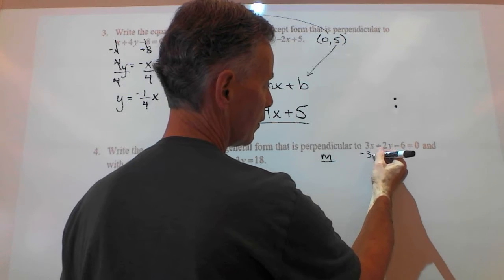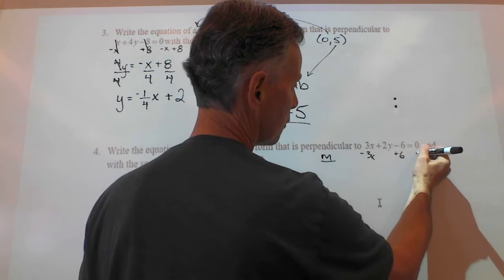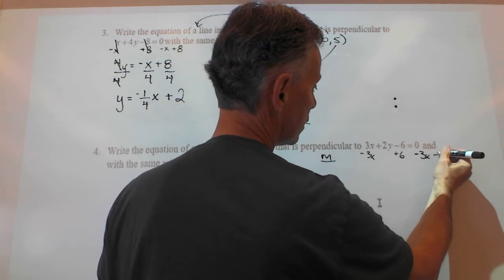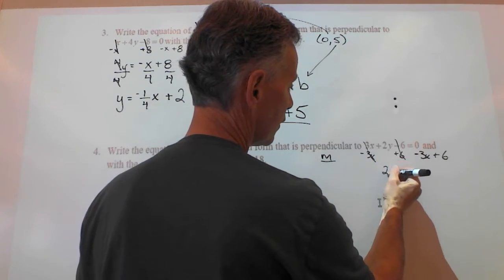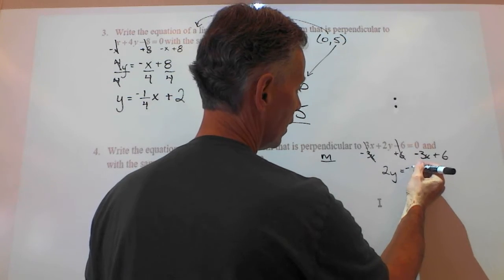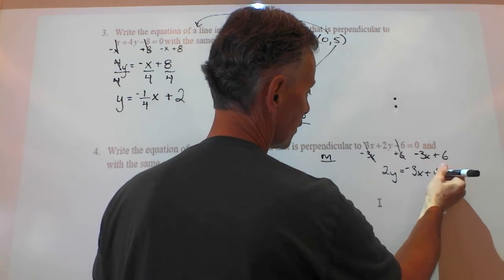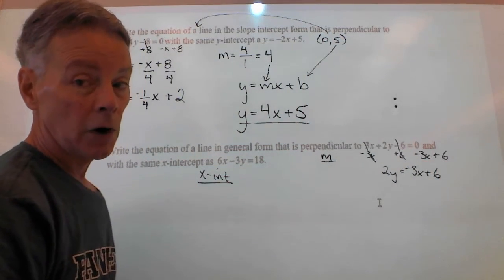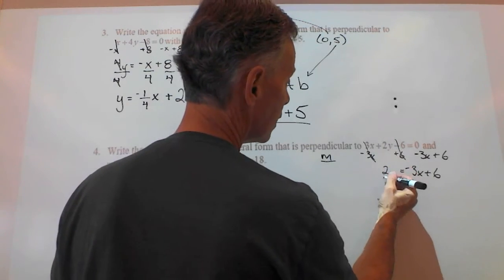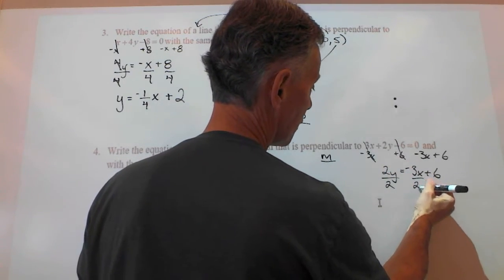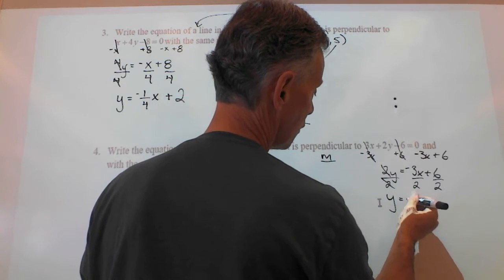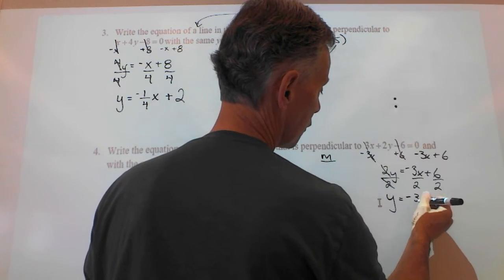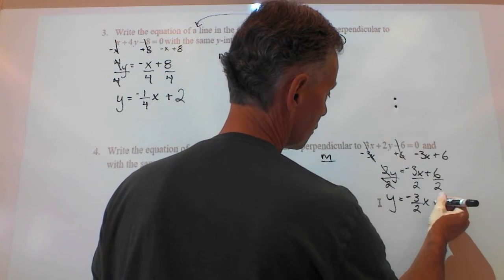So we're going to take away 3x, we're going to add 6 to both sides, cancel, cancel, we're left with 2y equals negative 3x plus 6. We're not done. Isolate y by dividing everything through by 2. That gives us y equals negative 3/2 x plus 3.